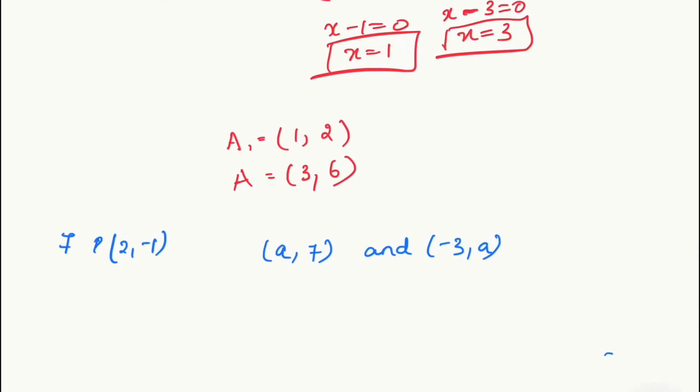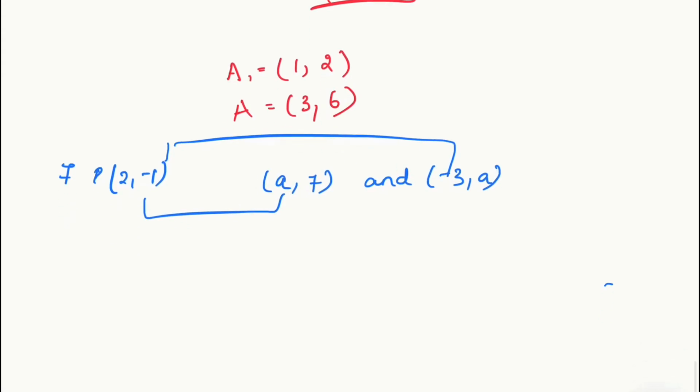Equidistant means the distance from P to each of these points is equal. So you find the distance between (2, minus 1) and (minus 3, a), and the distance between (2, minus 1) and (a, 7); they are equal.